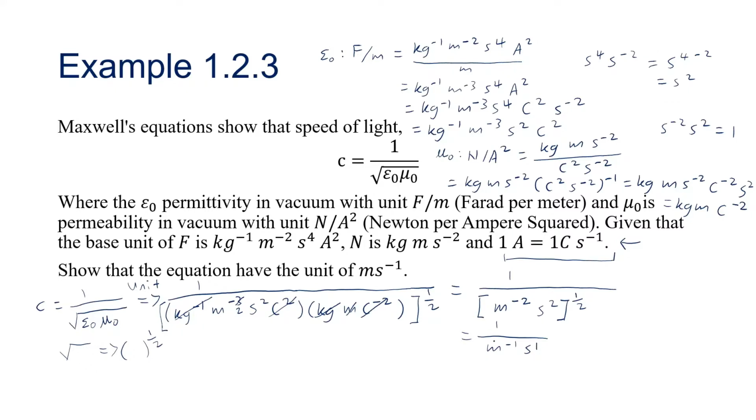Since this is inside the denominator, this just equals m to the negative 1 and s to the 1, to the power of negative 1. Now this is equal to meter per second, right? You multiply this negative 1 inside to each term, so here we are able to show this equation has a unit of meter per second.